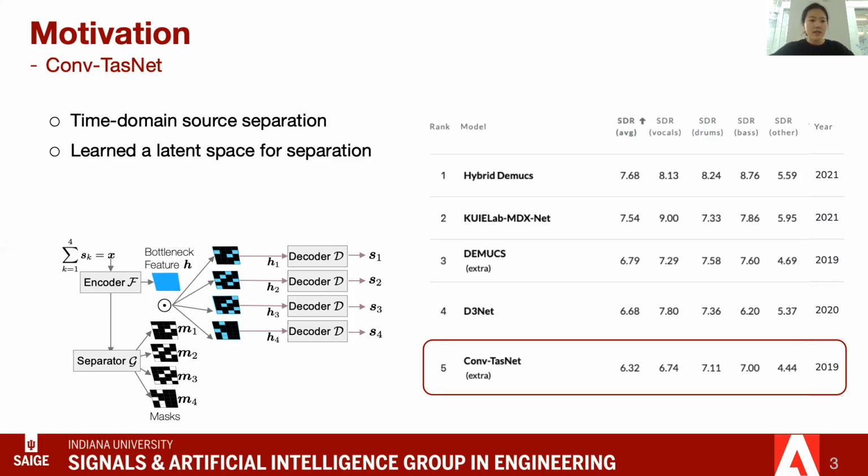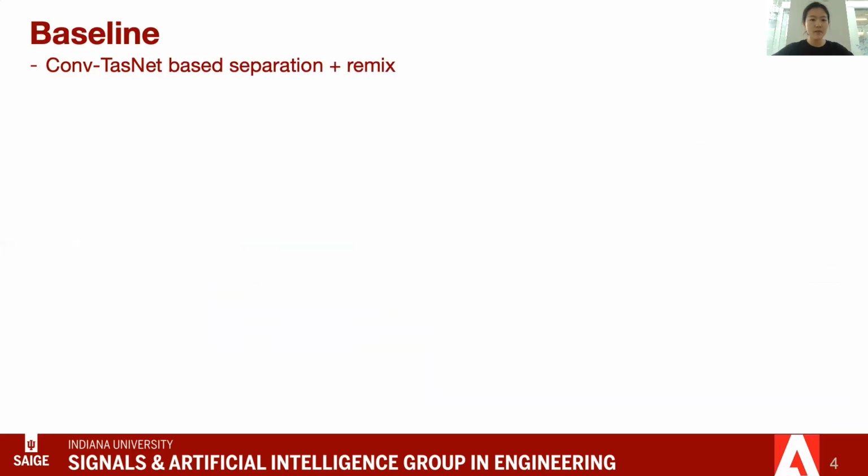We use the default setup of ConvTasNet as in its original paper, except that during training, we replaced the scale-invariant SDR with regular SDR as the objective function to let the model be scale sensitive for generating correct remixing results.